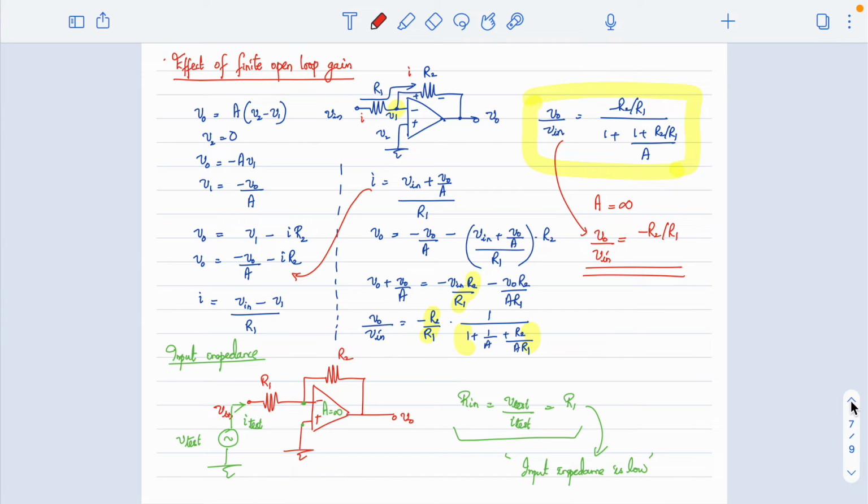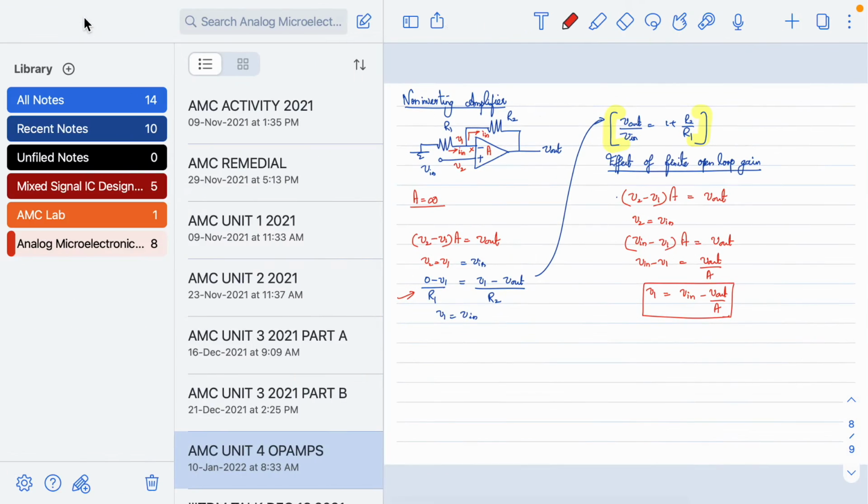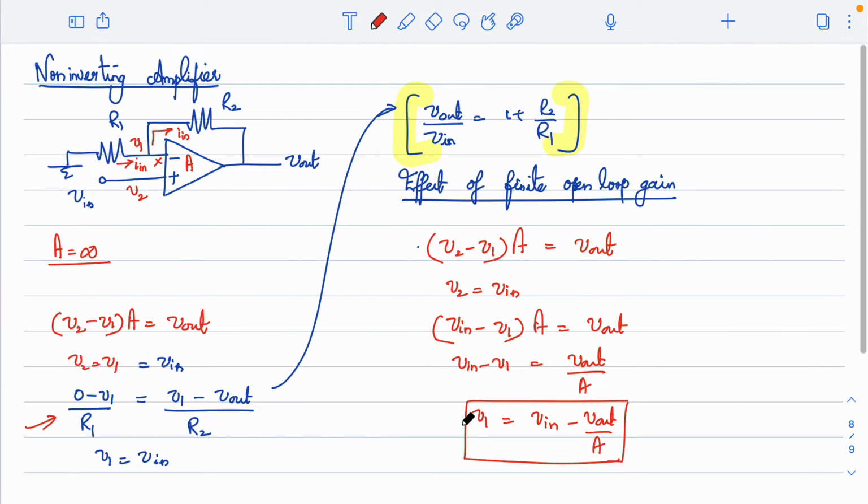Comparing with the inverting amplifier, there the relation we have written was V1 is equal to minus V out by A. In this case, V1 is equal to V in minus V out by A. That is the only difference.